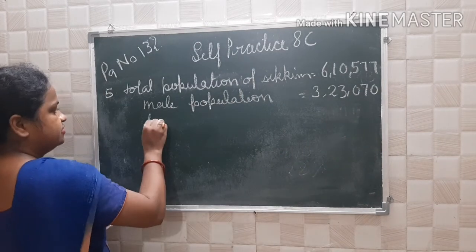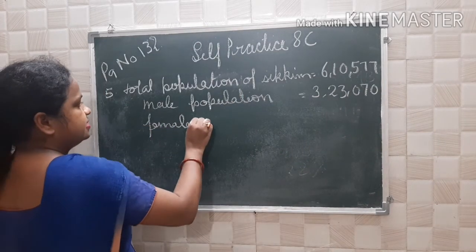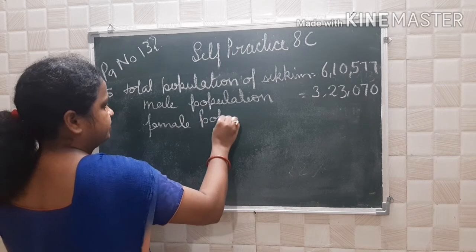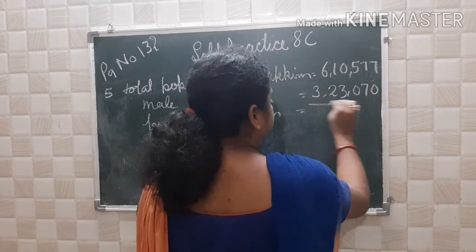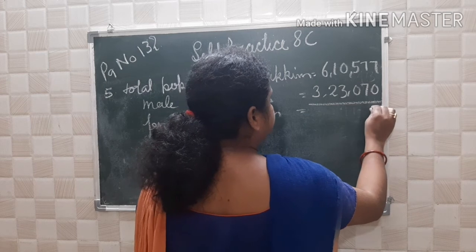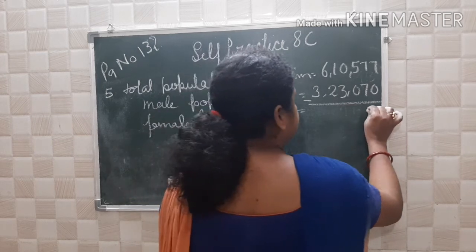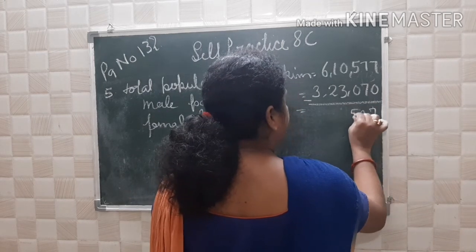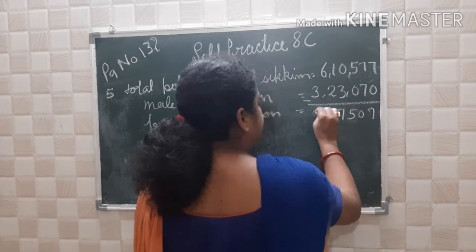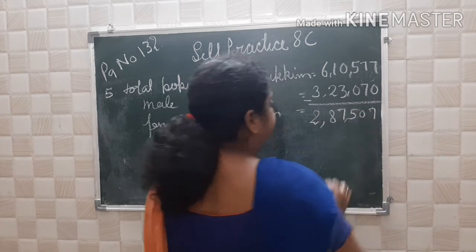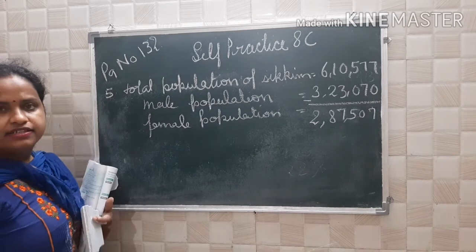Female population, you will subtract it. 7, 0, 5, 10 minus 3, 7, 10 minus 2, 8, 5 minus 3, 2. 2,87,507.